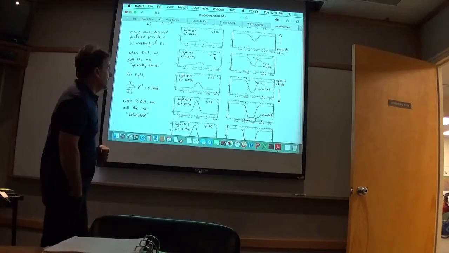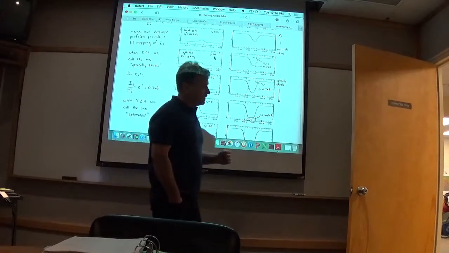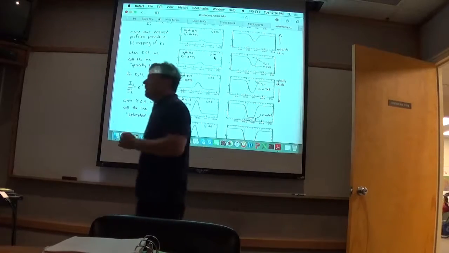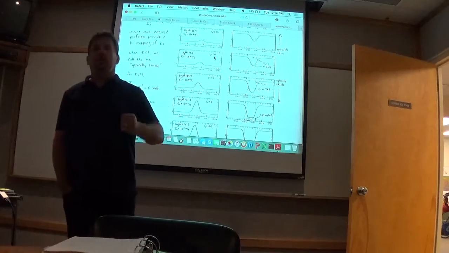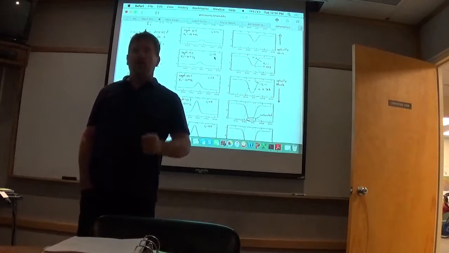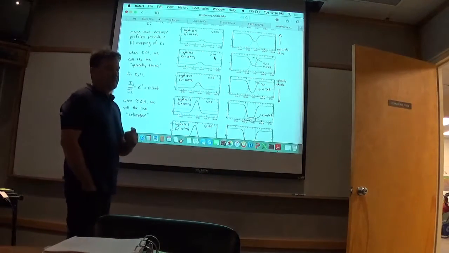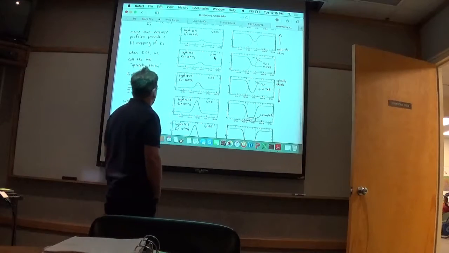Okay? That's what optical depth unity gives you. If you look at an absorption profile anywhere and the normalized flux value is 0.368, you know that the optical depth is unity. I'll get to more of that in a second.